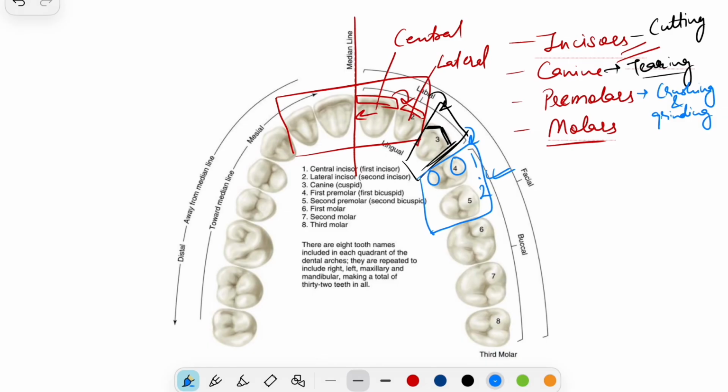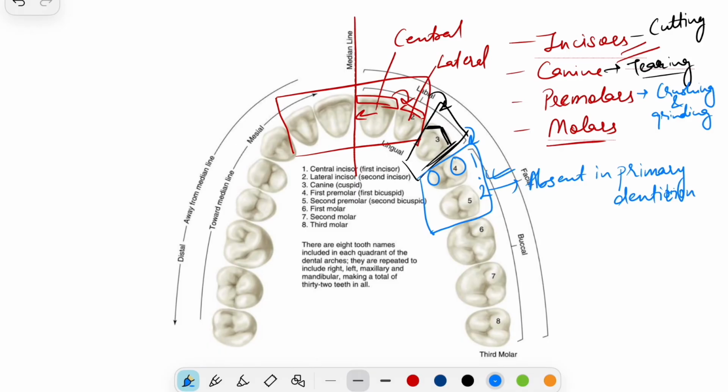Okay, so premolars are absent in primary dentition. Now you must be thinking, what is this primary dentition? I'll explain this to you just after we finish the types of teeth. Okay, so premolars are absent in primary dentition.